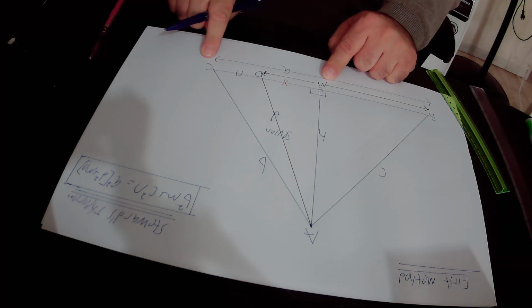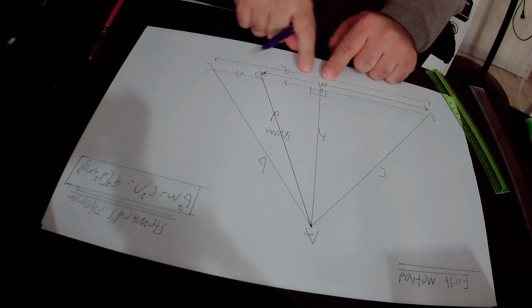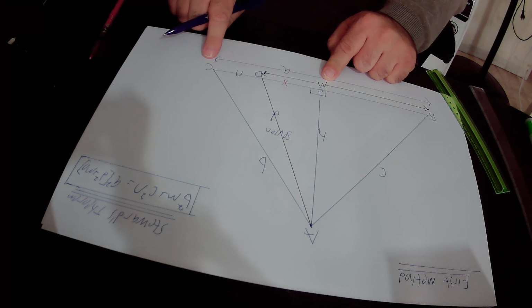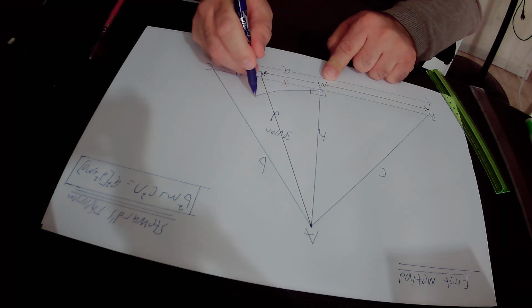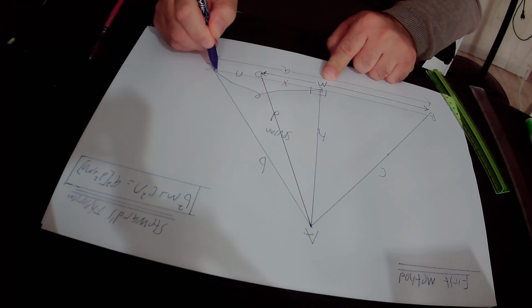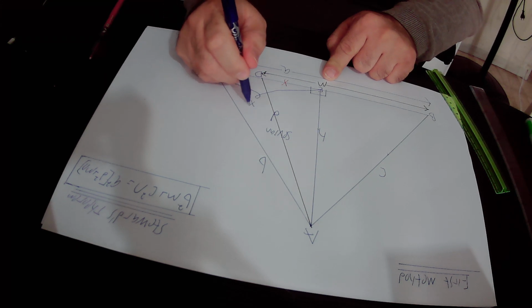The length of line segment EC equals ED plus DC. That is to say, EC equals ED, that is X, plus DC, that is N. Therefore, EC in total equals X plus N.